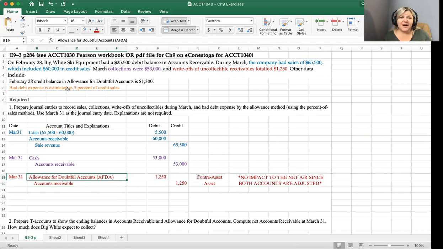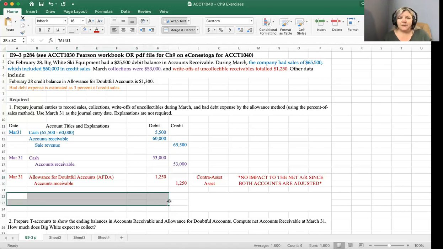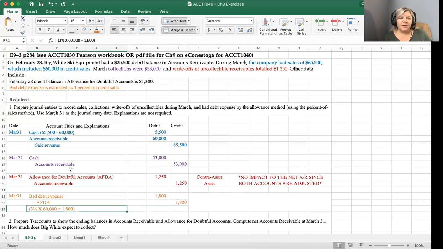Okay, our fourth and final entry for March comes from the extra information given, which was bad debt expense is estimated at 3% of credit sales. So for this one, we're going to calculate 3% of credit sales.